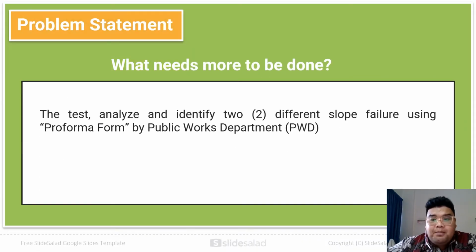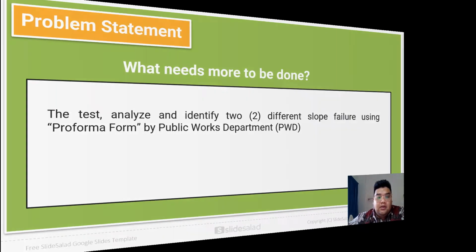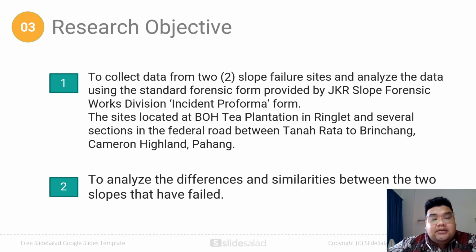And what needs more to be done? To test, analyze, and identify. I would like to test, analyze, and identify two different slope failures using the proforma form by the Public Works Department. The research objective is to collect data from two slope failures to cite and analyze the data using the standard forensic form provided by the JKR Slope Forensic Work Division, the incident proforma form.